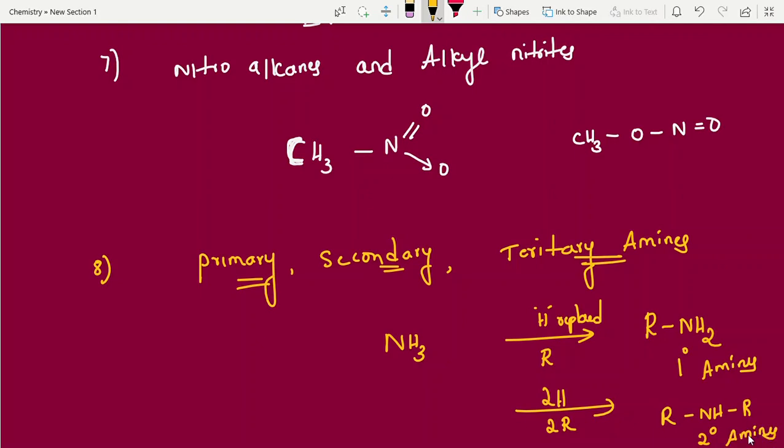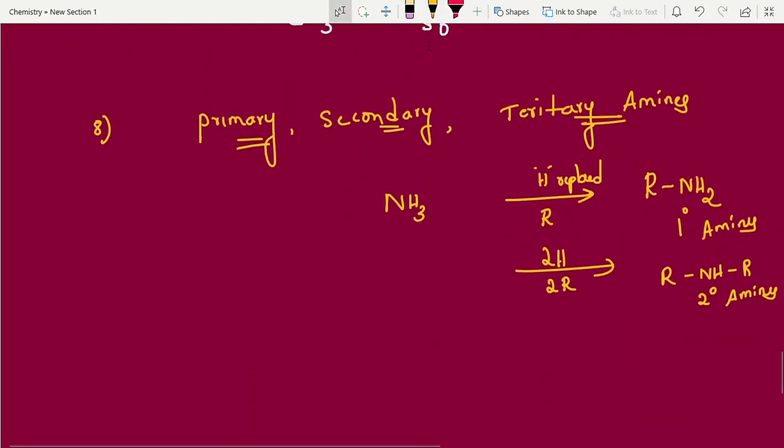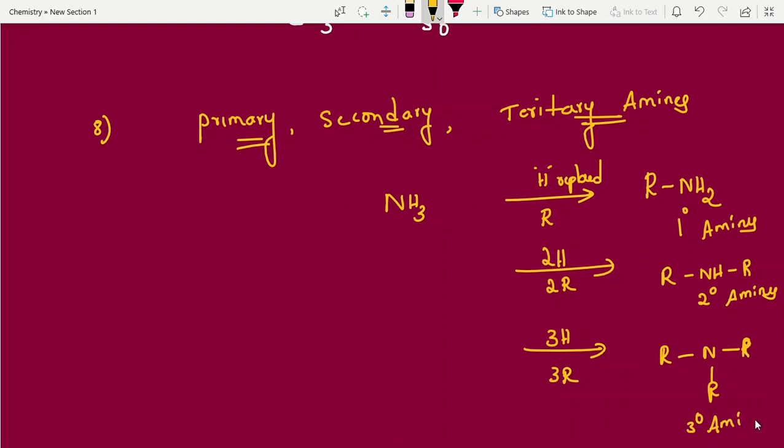Now, next one, if 3 alkyl groups replaced 3 hydrogens, then what you will get? Yes, this is tertiary amine, right? That's all.